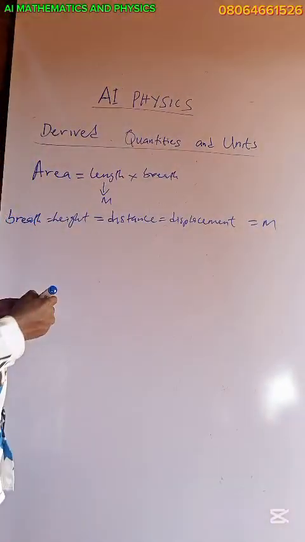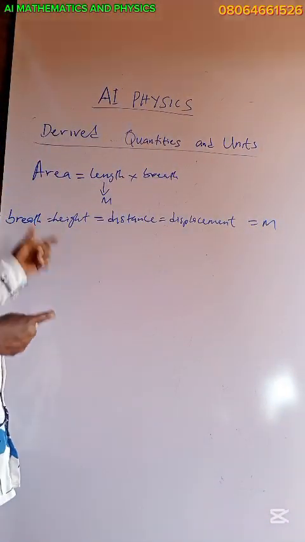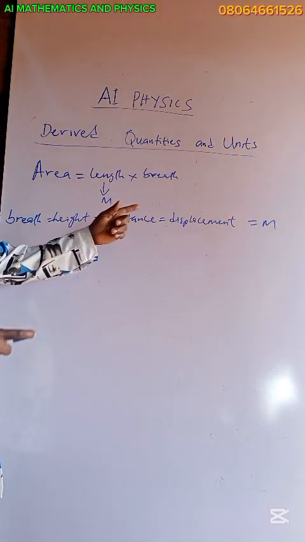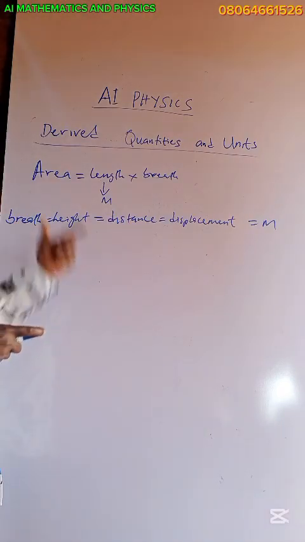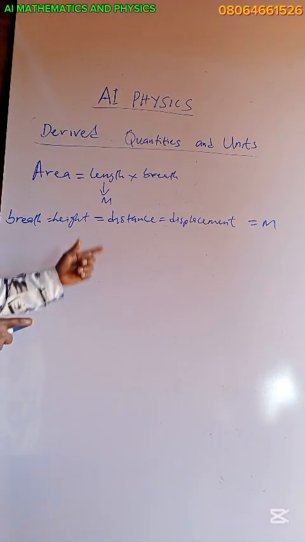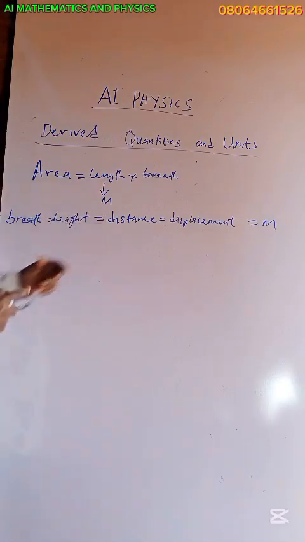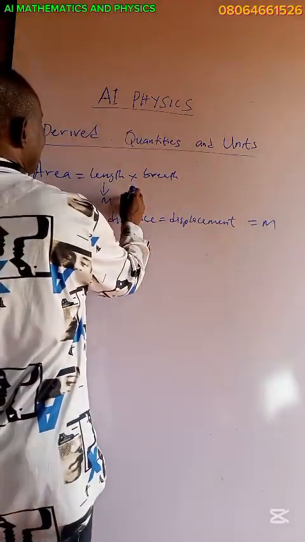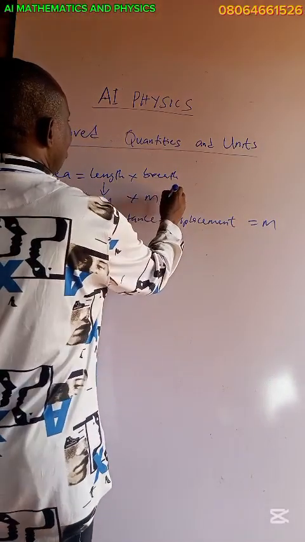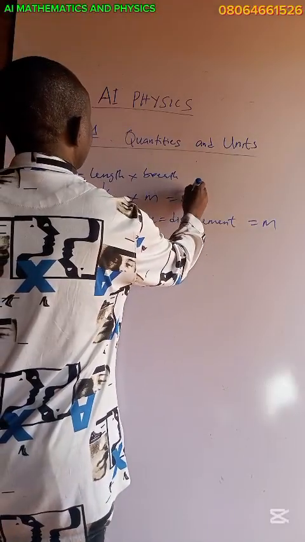That means anywhere you see breadth, height, distance, displacement, the unit is what? Meter. Like now, length is meter, times another meter, we have meter square.